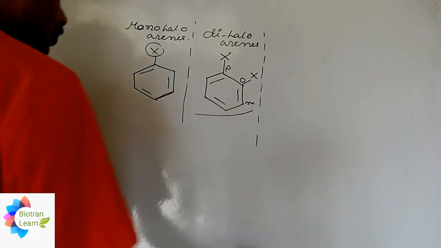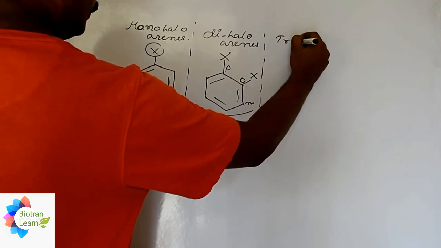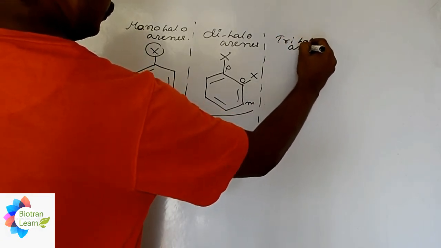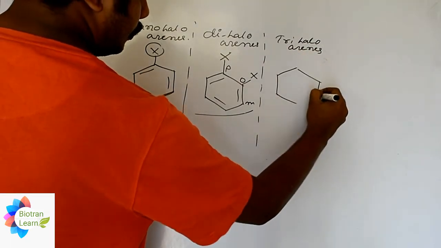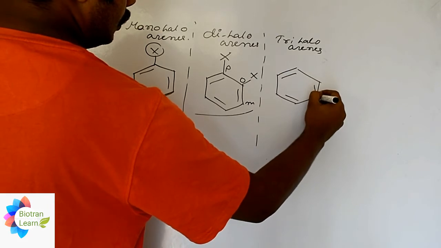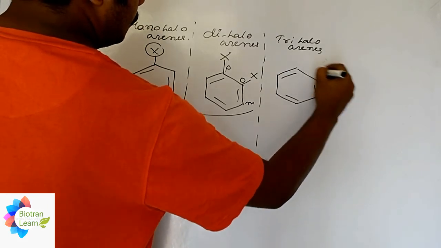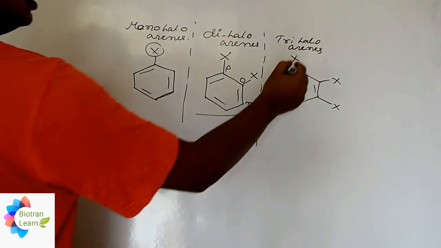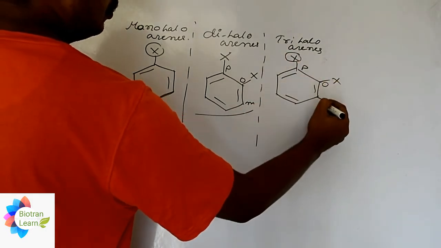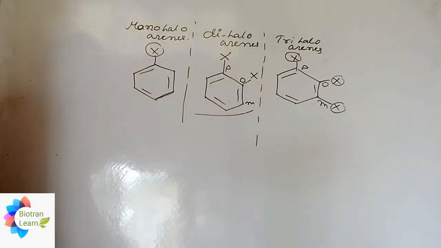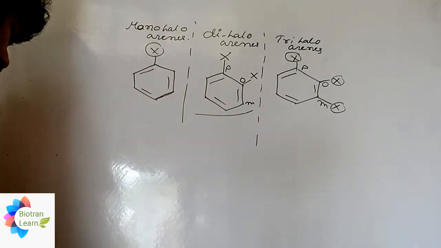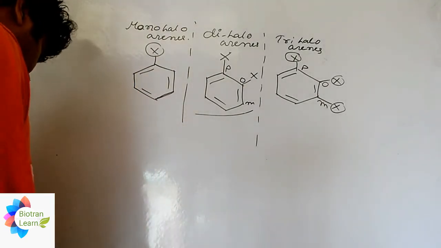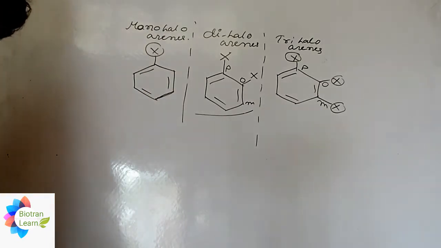And in case of trihaloarenes we can have a structure like this one, having three halogens at para, ortho and meta positions according to their group and the stability of the structure. Now we will be moving on to the allylic hydrocarbon.